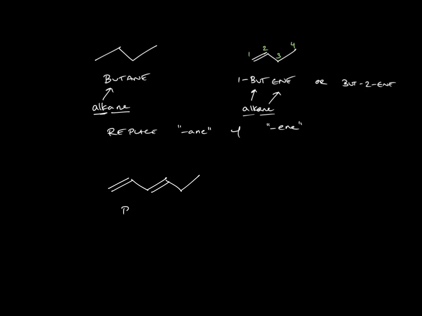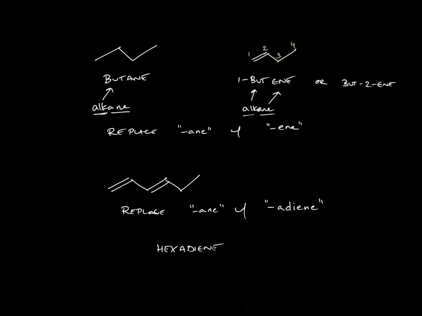So in this case, we would replace ane with, when we put the A, we actually leave the A in there, a diene. And so hexane would become hexadiene because we have 2 alkenes.